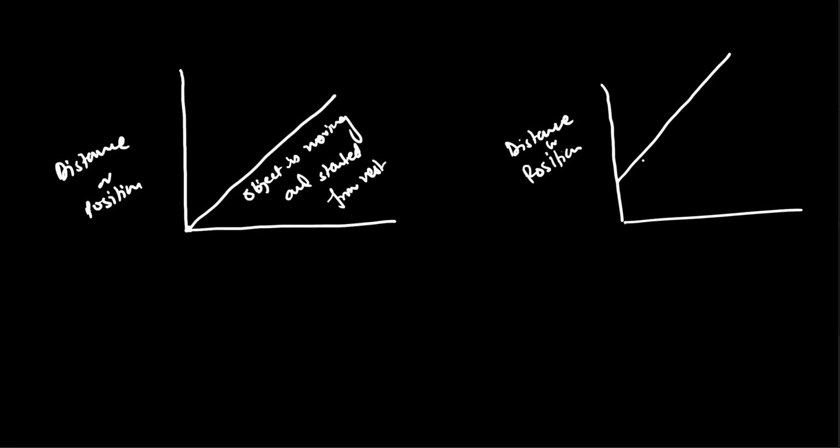Means the object is moving but the initial velocity is not 0, meaning it was not at rest. Okay, don't try this, let it be. You will get confused, let it be.